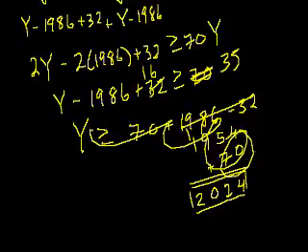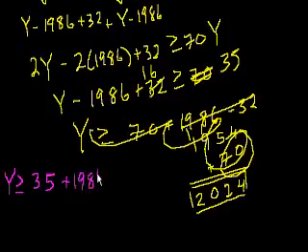Okay, so let me rewrite it here. That's what happens when you try to do too much at once. So I have y is greater than or equal to 35 plus 1986 minus 16. I just added 1986 to both sides and subtracted 16 from both sides.